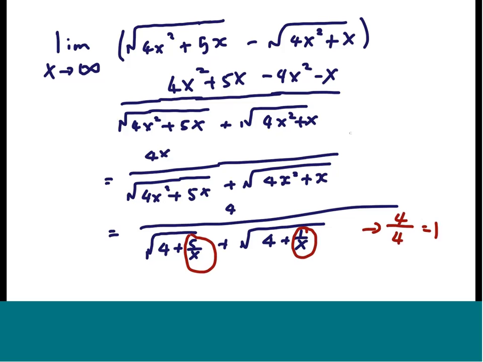So let's give you another one. Square root of 2x squared plus 1 minus square root of 2x squared. Let's get to the next page. Okay, let's do one exercise: square root of 2x squared plus 2x minus square root of 2x squared minus x.